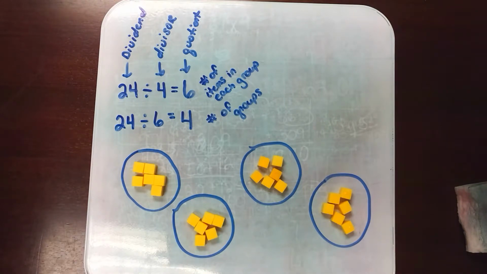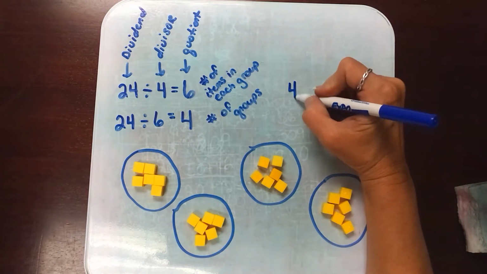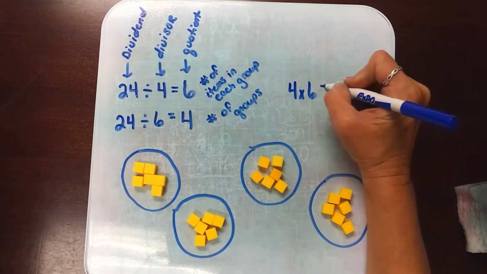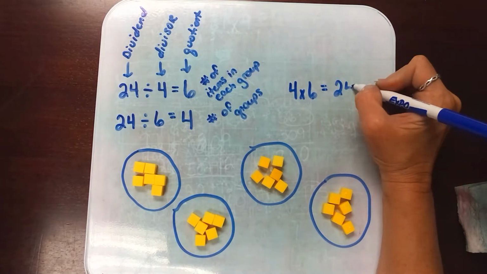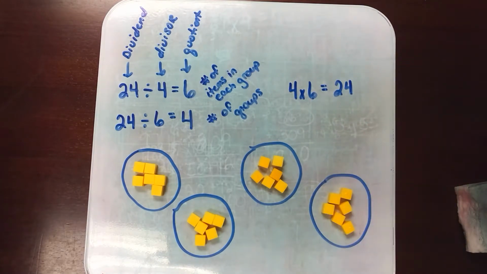If they don't come up with that, you're going to ask them, boys and girls, look at this. If I wanted to know how many apples I have all together, what would I have to do? Well, you would have to take 4 groups times 6 in each group, and that would give you 24. Well, do you see a correlation to what we did a minute ago when we divided?